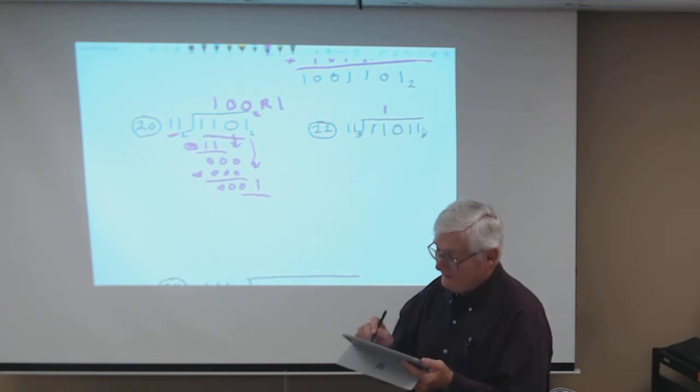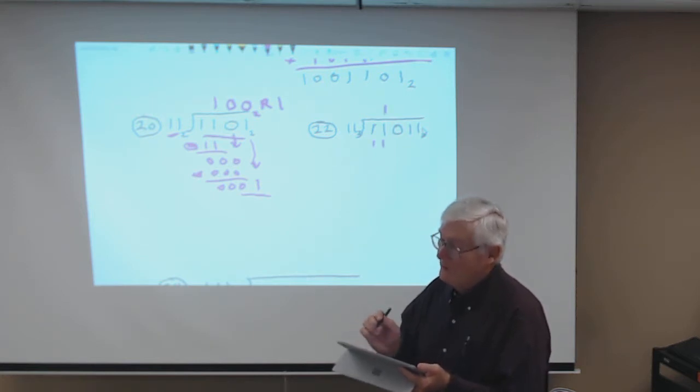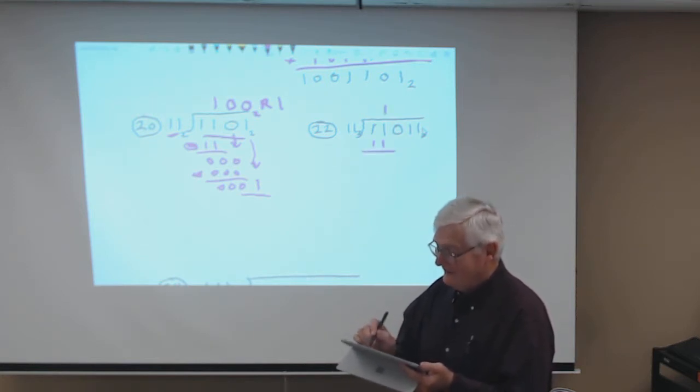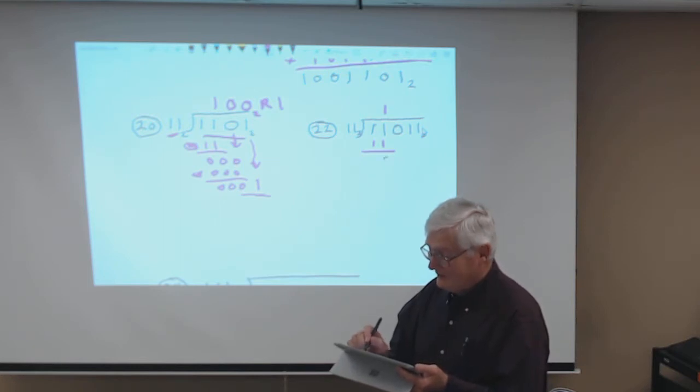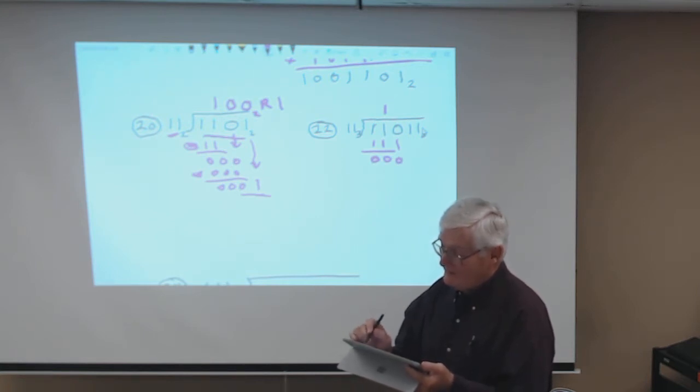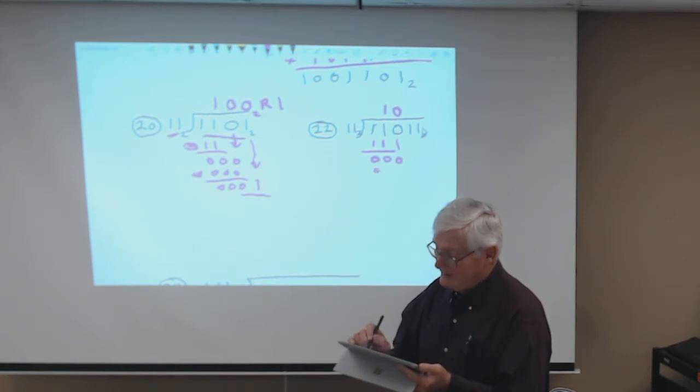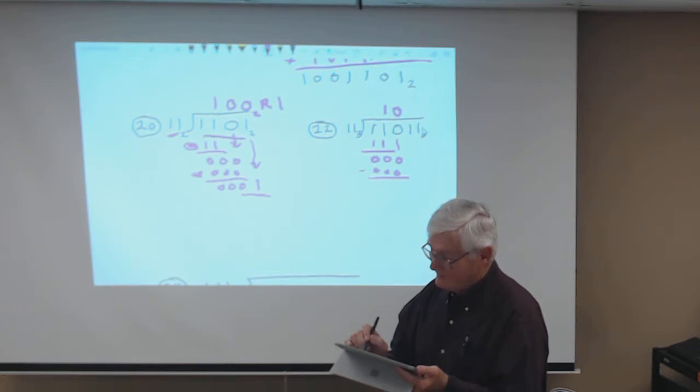1 times 1 times 1, 1. And that's 0, 0. I bring down the 0. And what's 1, 1 into 0? 0. So I take 0 times that. Draw the line, subtract.